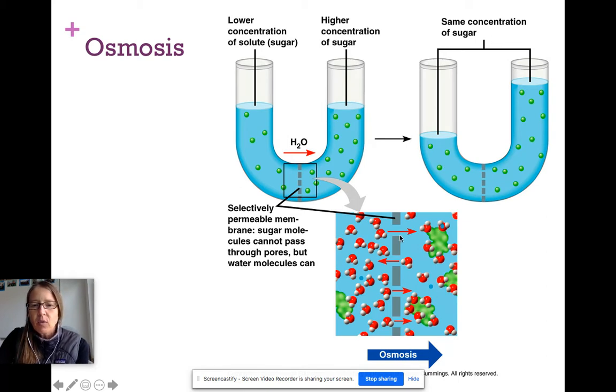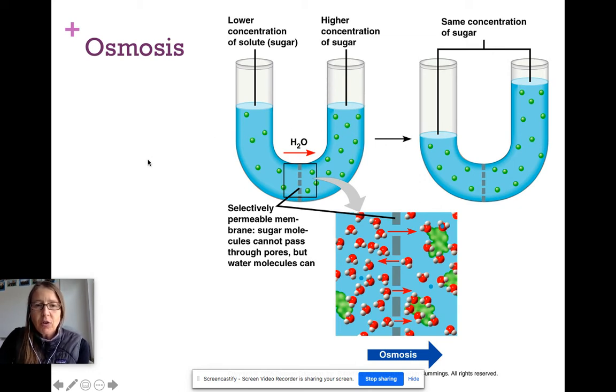The water is actually moving along its concentration gradient, because the water is more concentrated over here than it is here. It's less concentrated here because there are a lot more particles getting in the way. As far as the solvent is concerned, it's going to move from high solvent to low solvent concentration, okay?